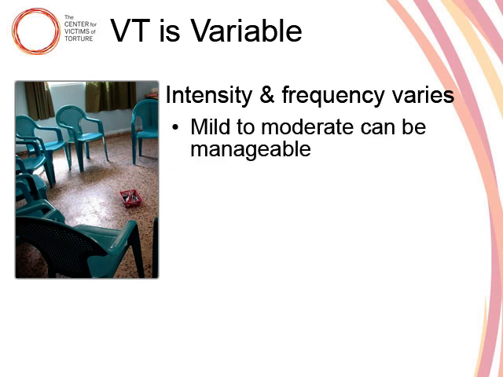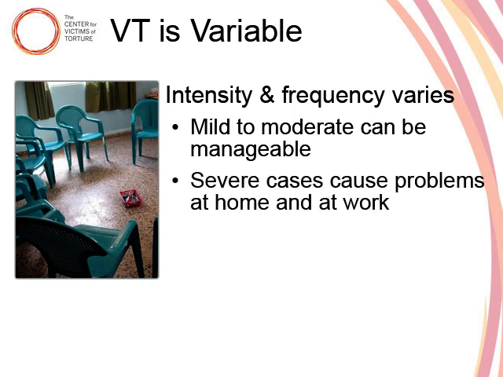Mild or moderate effects may be very manageable if we recognize and address them. However, severe vicarious trauma can cause significant problems in functioning at home and at work. It can lead to feeling completely overwhelmed and exhausted or burned out. And at that stage, it can even unintentionally put clients and loved ones at some risk.